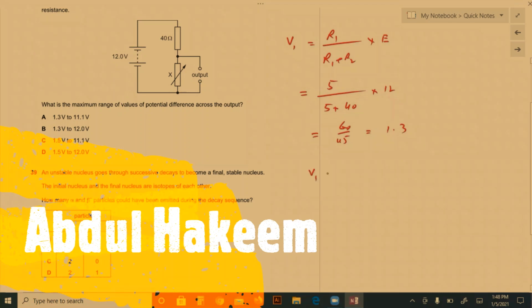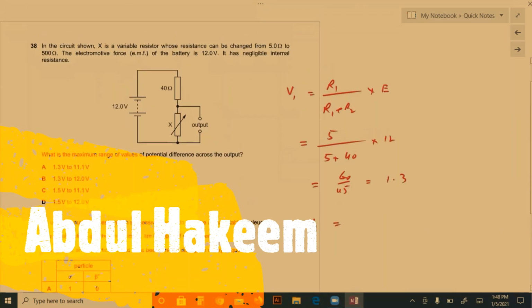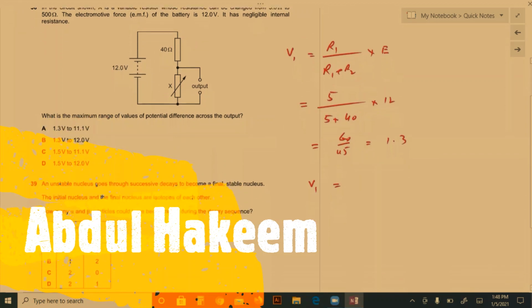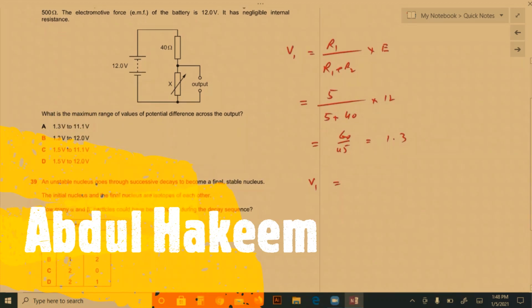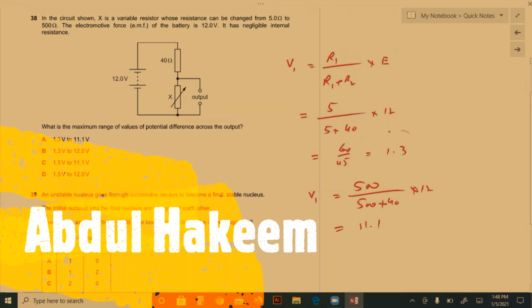Then next, V1 is equal to, now suppose this R1, meaning the X resistor, varied from 5 to 500. So this is 500 divided by 500 plus 40, times 12. So the answer is coming approximately 11.1. So 1.3 to 11.1. So the option is A. So this is the variation in the potential when resistance varies from 5 to 500.